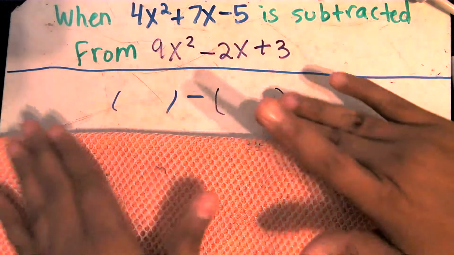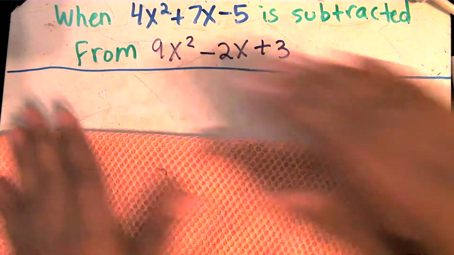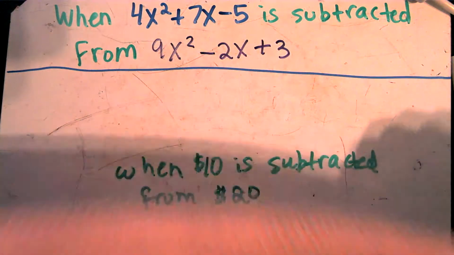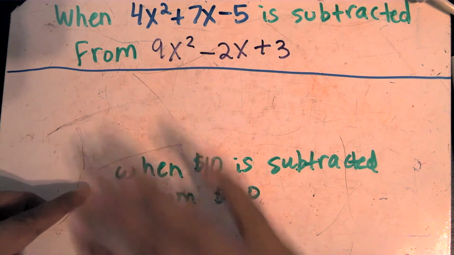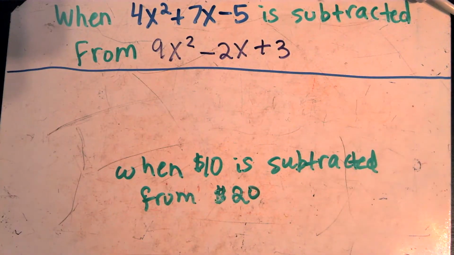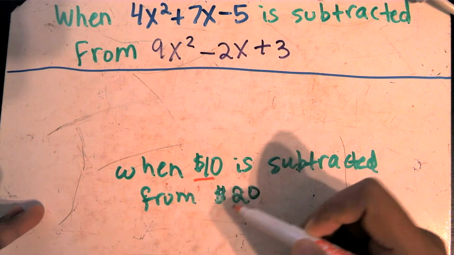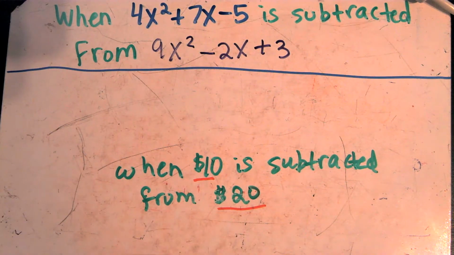So in order to help better understand why the order matters in a word problem like this, here's an example, same type of wording, but notice instead of using polynomials, I'm using just regular numbers to give it a real life context.